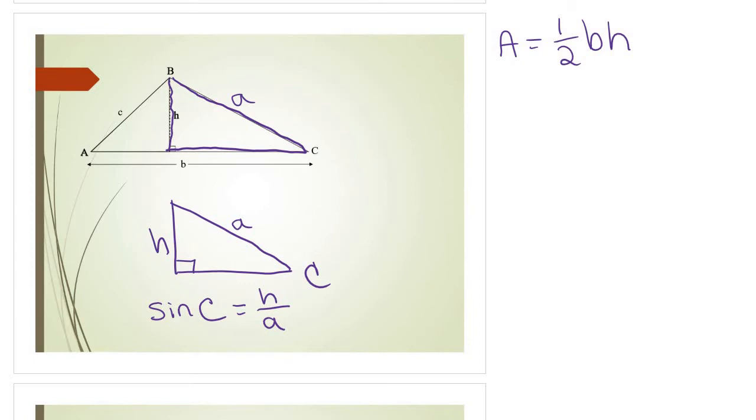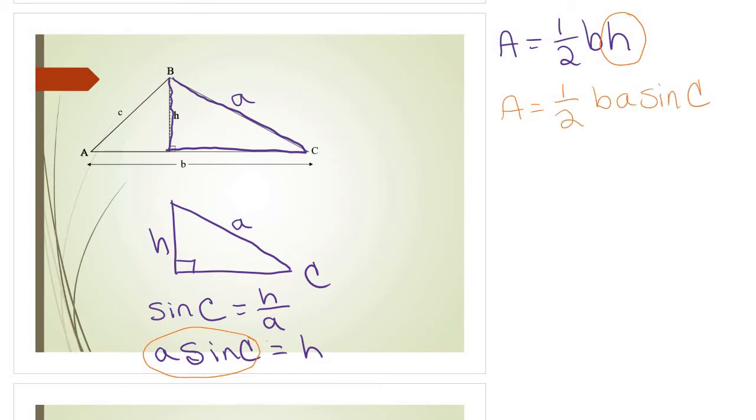So now if I rearrange this, I can say A sine C equals H. So I'm going to substitute in here what I have for H, and I get my new formula, B A sine C, and because I like things alphabetical, I'm just going to do some switching and change it to AB sine C. Alright, so this is our formula now for area.